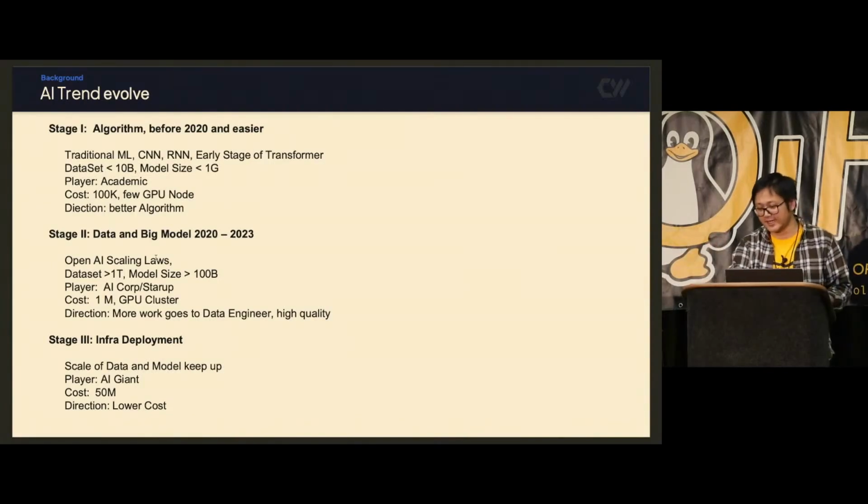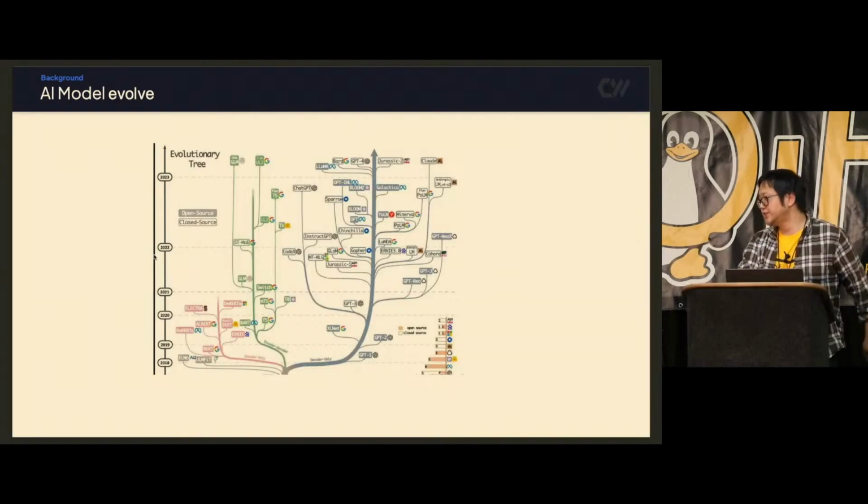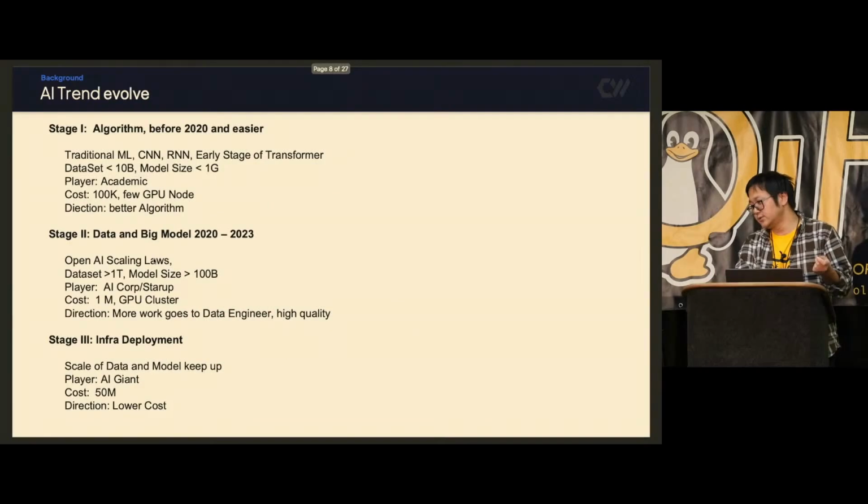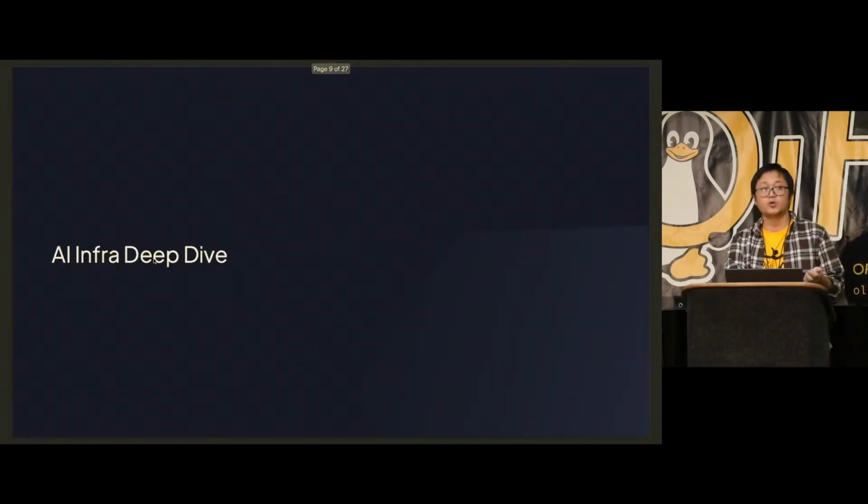We saw that evolution tree here. It already went into this decoder-only mode because they could fit the infrastructure well. So now we need to see what's special about AI infrastructure, and how we could really make it worth it.